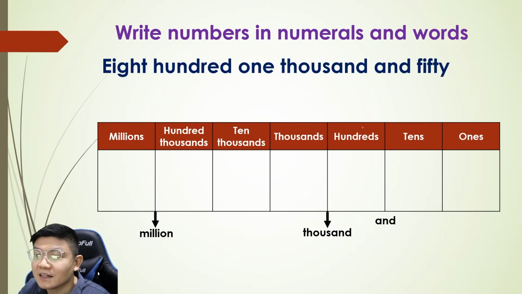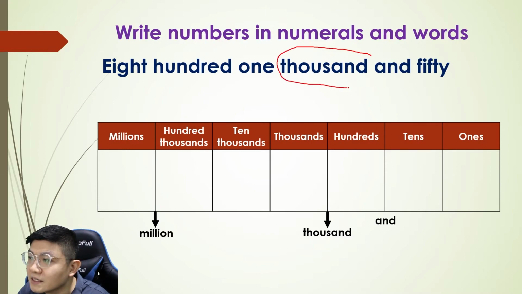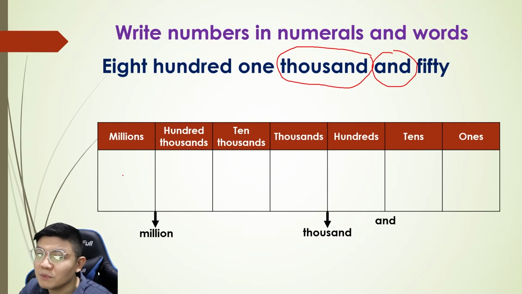Next step, we need to circle million, thousand, or n. Okay, I find thousand and I find n, but there is no million. Doesn't matter. It means million here is nothing. You no need to write any digit here. Okay.